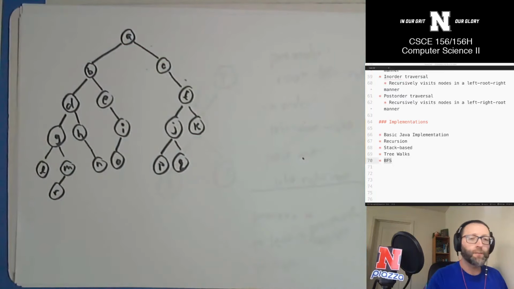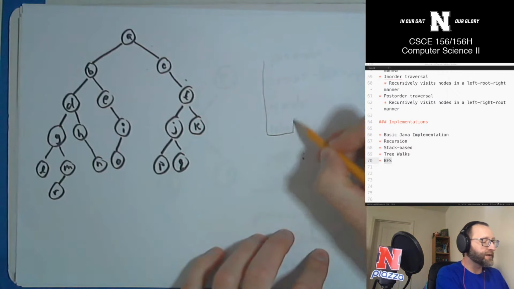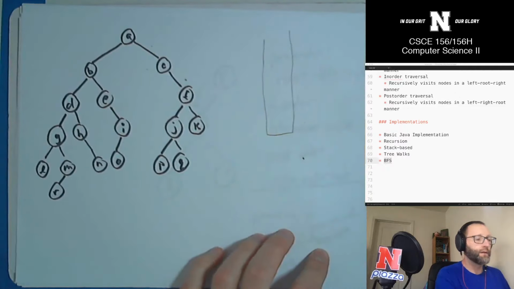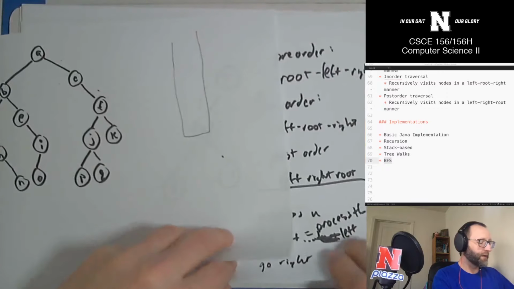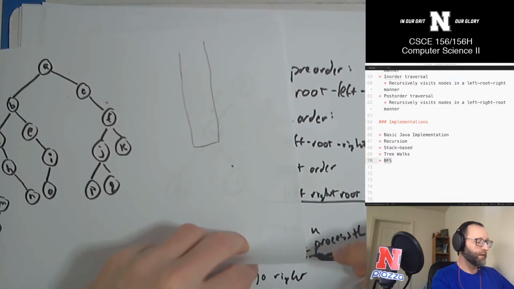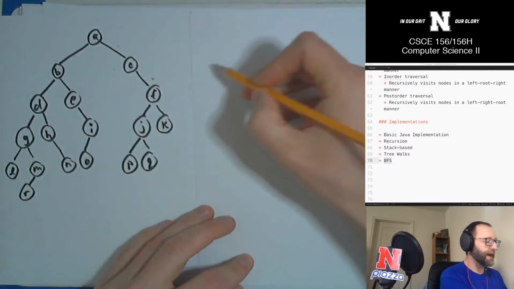What if instead of abusing the call stack to do that, what if we just put those into an in-memory stack? Okay. What I mean by that is, here's a stack. In fact, let me use a different sheet of paper here. Here's a stack.